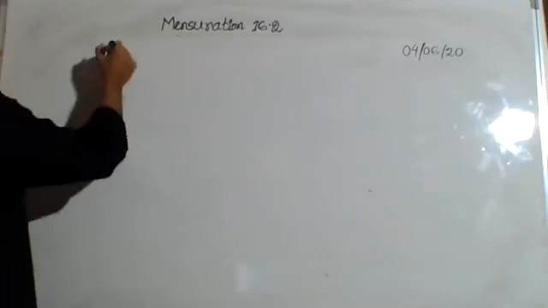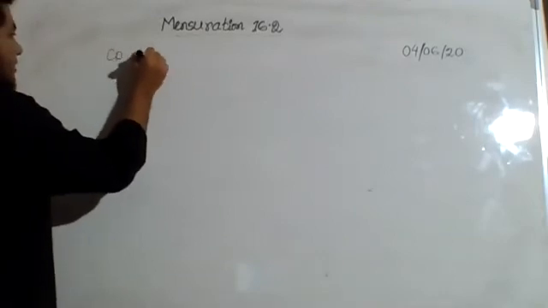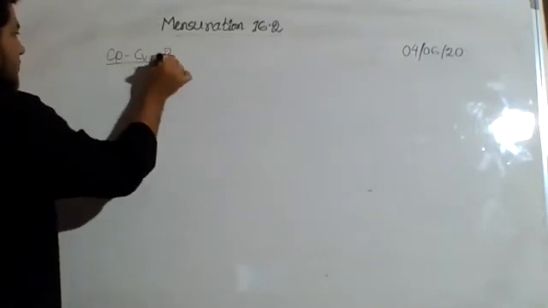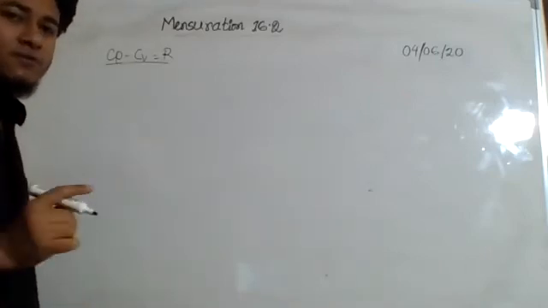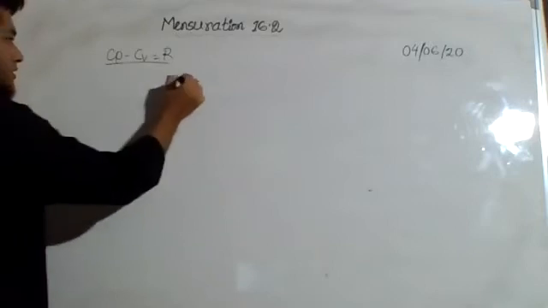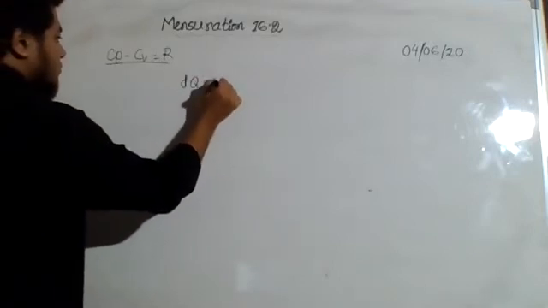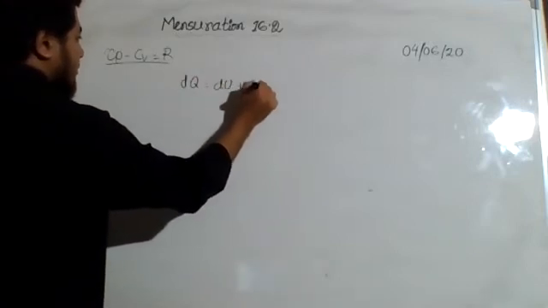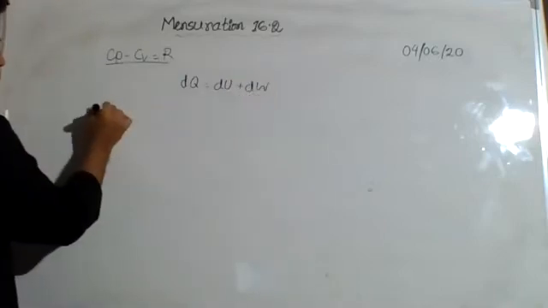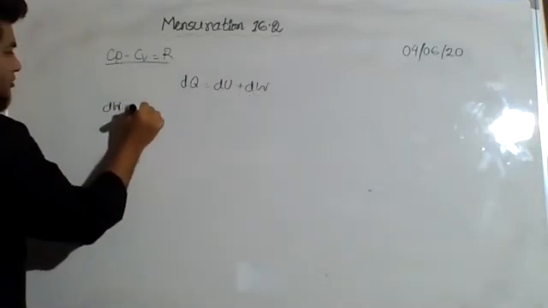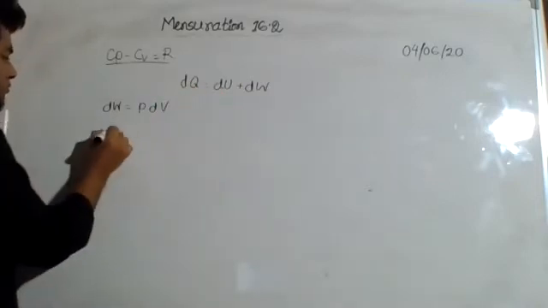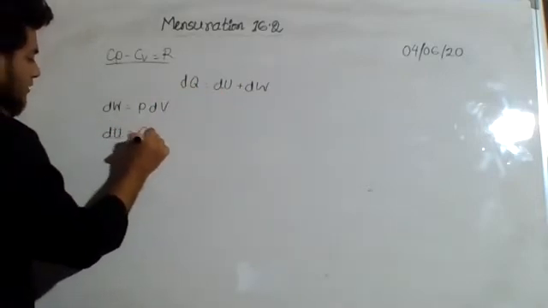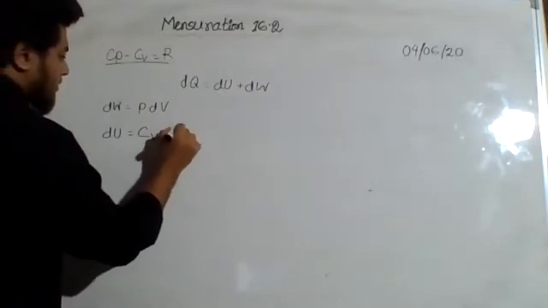So we are going to discuss Cp minus Cv is equal to R, how this derivation came. As always, we will be starting from the first law of thermodynamics, that is dq is equal to du plus dw. Now, as you remember, dW is PdV. What is du? A little while ago, we saw that du is equal to Cv dt.